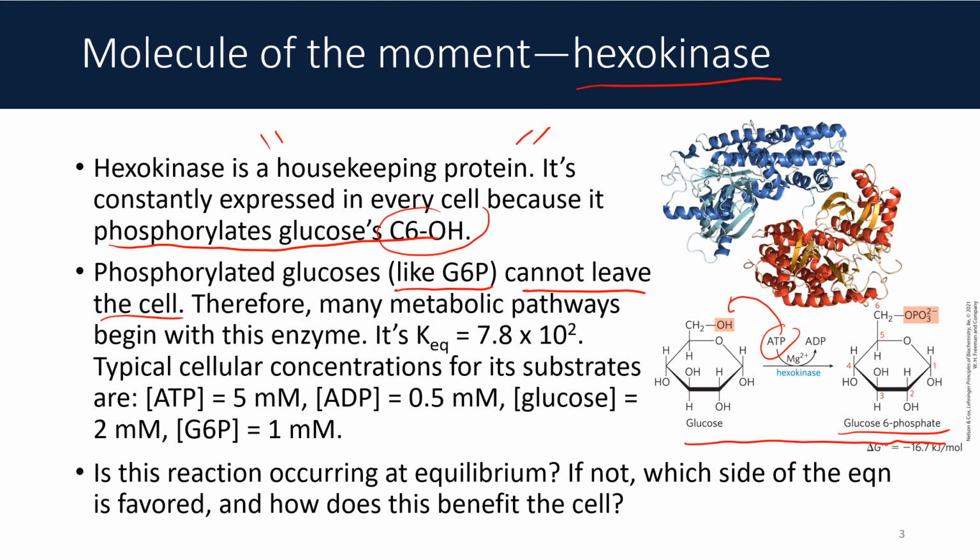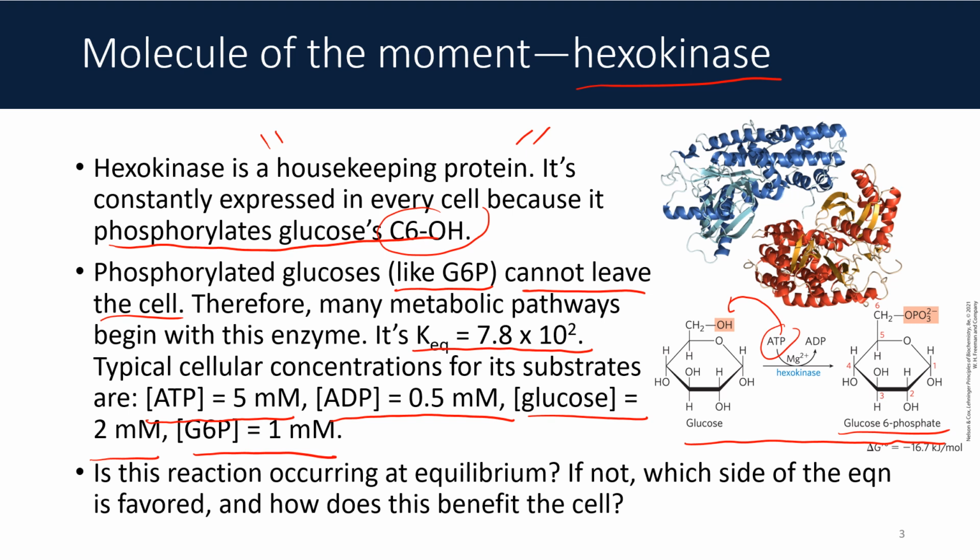The Keq, the equilibrium constant, of hexokinase is 7.8 times 10 to the 2. Typical cellular concentrations of its substrates and products are 5 millimolar for ATP, 0.5 millimolar for ADP, 2 millimolar for glucose, and 1 millimolar for G6P.